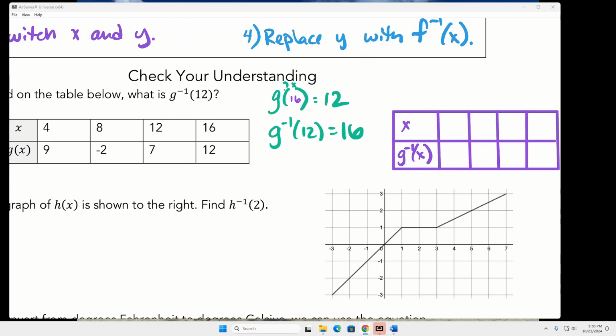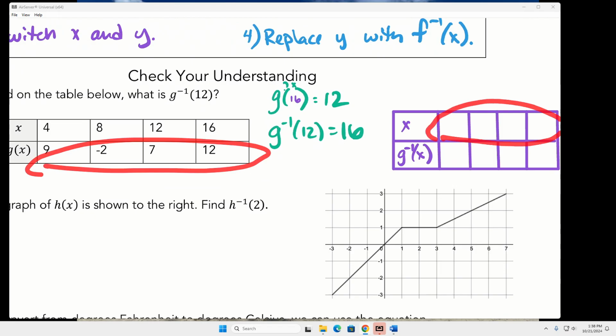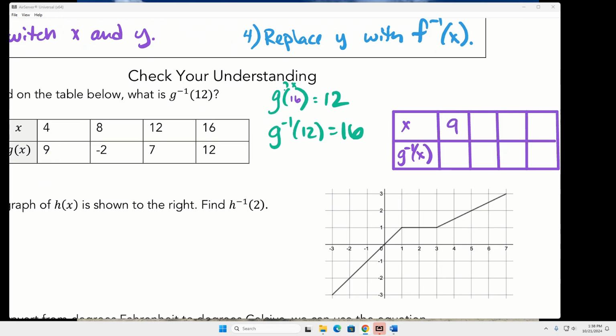So if you have a table and you want to find the inverse of it, all you do is switch x and y. So all you do is make the y row, that now is the x row. And then the x row is now the y row. All right, if you do your table, g inverse of 12, when x is 12, g inverse is 16. So we were right with what we said before.